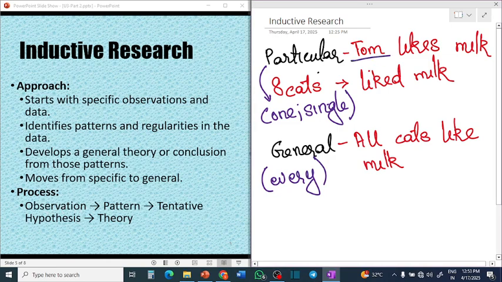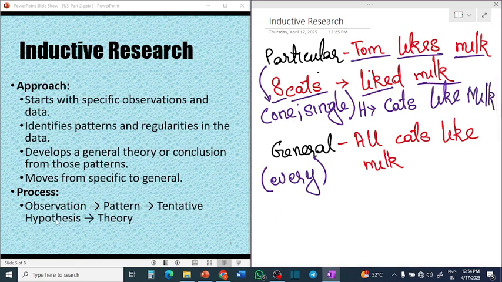You made that observation that your pet cat likes milk. Then you will develop a pattern. You will see that on the roadside, suppose there are 8 cats, and all of those 8 cats like milk. So you will make a tentative hypothesis. What will the hypothesis be? That cats like milk.